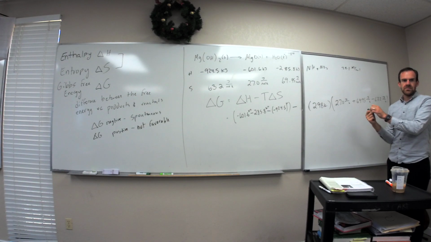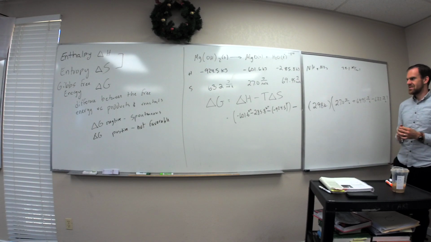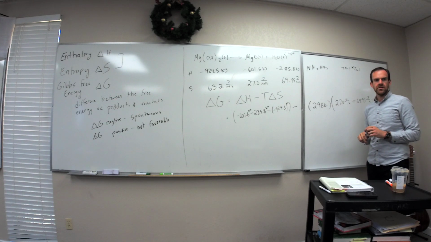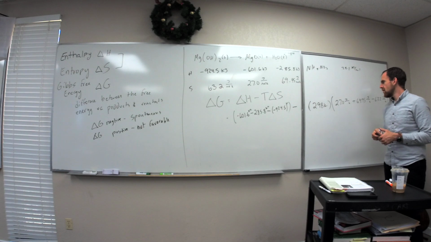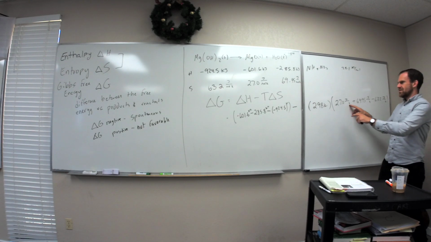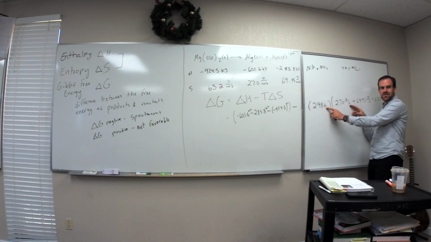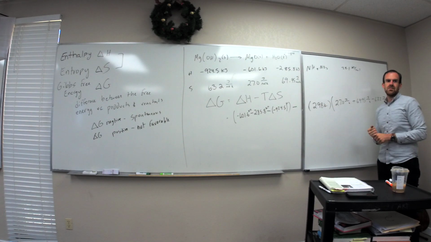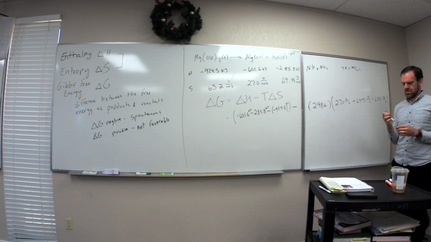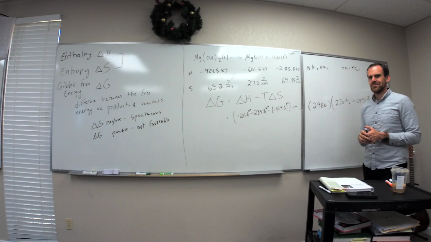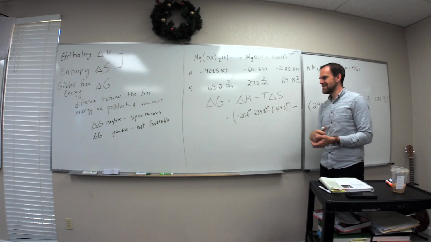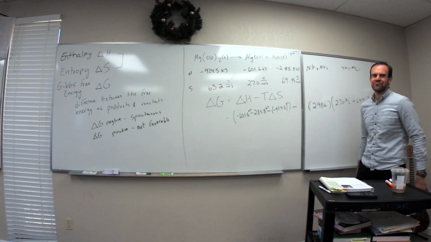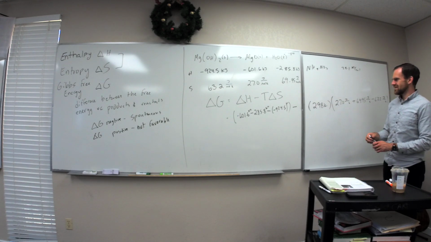Wait, I thought the T was the temperature, right? T is temperature, and it's in Kelvin. Okay, that's really confusing because you have kilojoules and then Kelvin. But you'll notice that the Kelvin cancels here. Oh, because there's K's everywhere? Yeah, that's confusing. That's a lowercase k, that's also a lowercase k, this isn't an uppercase K.